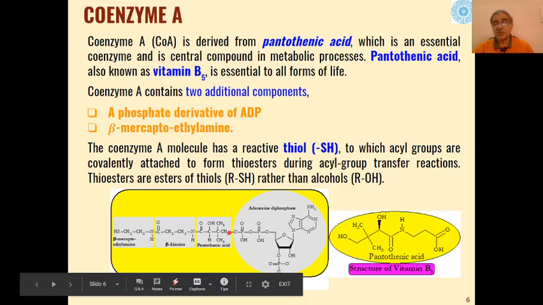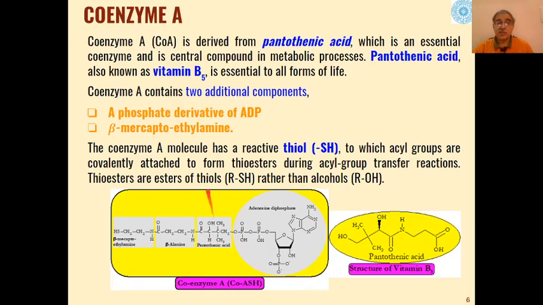This is bound to the CH2OH part of the pantothenic acid. So OH from here and H from the phosphate group, water is removed, and we will get a carbon oxygen bond like this between adenosine diphosphate and pantothenic acid. And similarly, the other additional component is beta mercaptoethylamine.